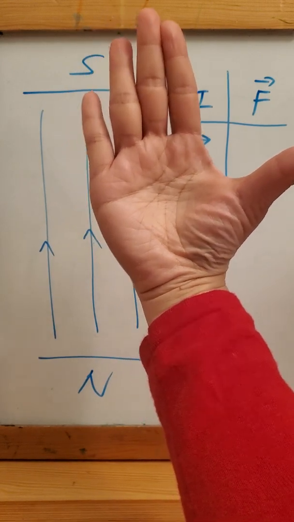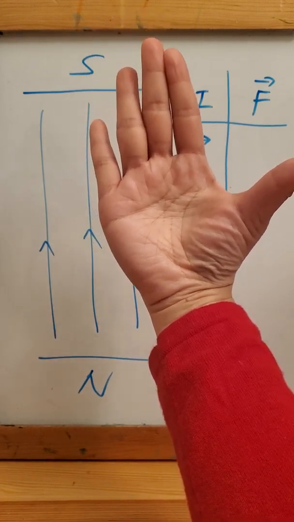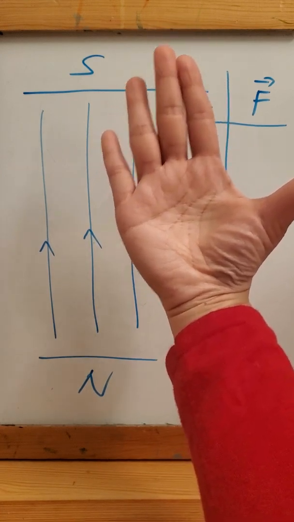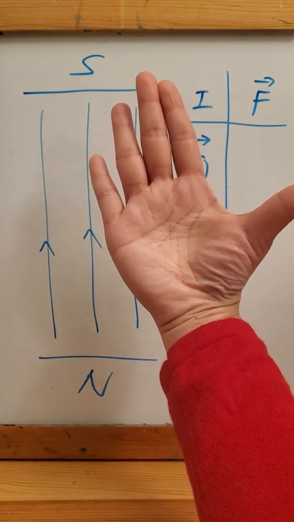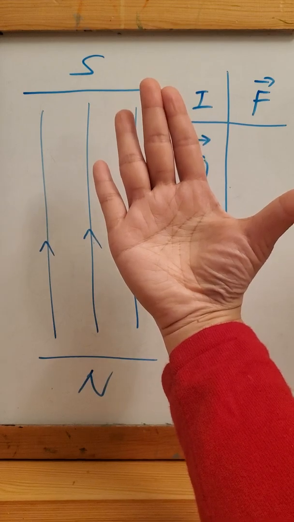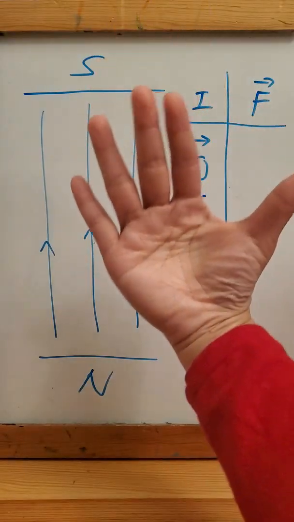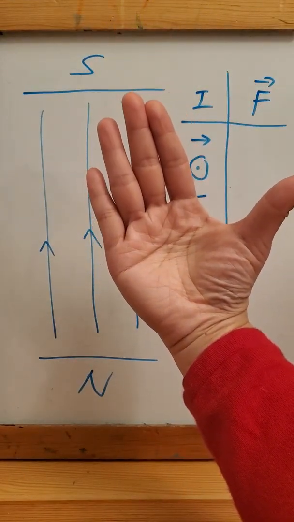As you can see, the force is now pointing toward us, or the palm is facing toward us, so we know the force is moving out of the screen. This is where the conductor is moving.